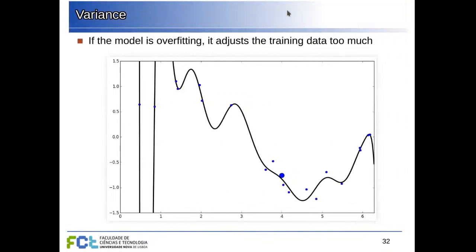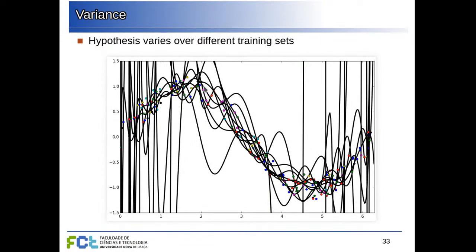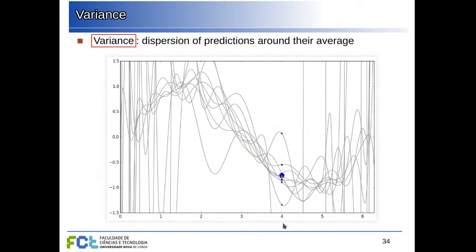Variance is a different concept, but it's similar to the notion of bias. Let's suppose that the model is overfitting and it adjusts too much to the training data, and when we train the same model over different samples, over different data sets, we obtain a large variation in the predictions. So here we can see that for this value of 4 in the features, we have many different predictions going around wildly around this region.